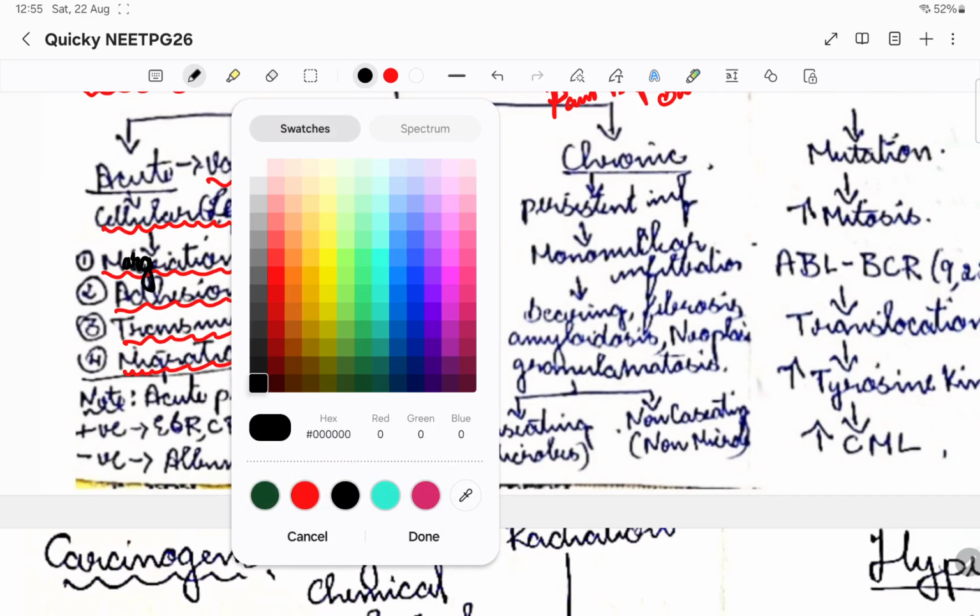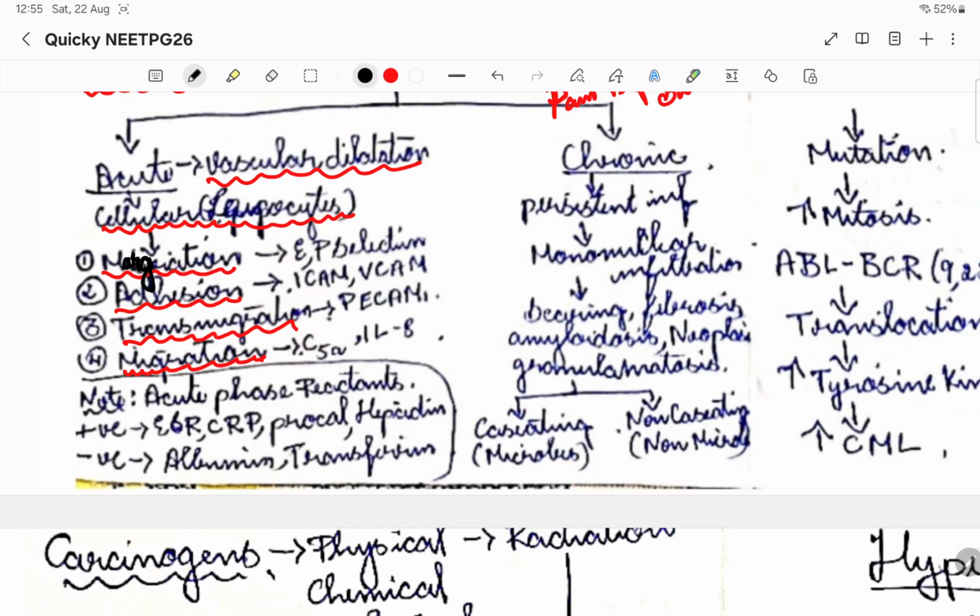These WBC cells, the leukocytes particularly, are migrating. So let us take this as a vascular bundle, and here the swelling is happening, or here the insult has happened. In the blood, these leukocytes are flowing, right? So they will start marginating towards the vascular endothelium. Okay, so they will come near the vascular bundle.